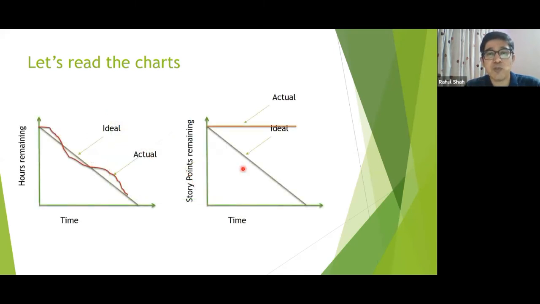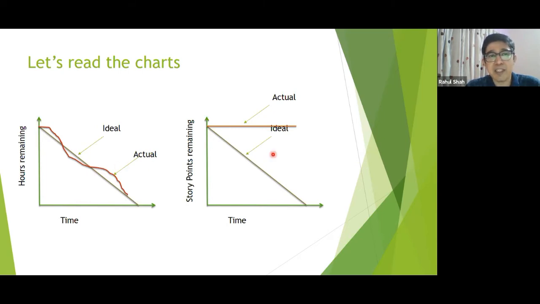Now, if you look at this one, this is hours remaining for the subtasks, and this is the story points remaining. Story points obviously will go in a step manner. But if I look at this chart, it says story points remaining, nothing is closed. We are on the second last day of the sprint.